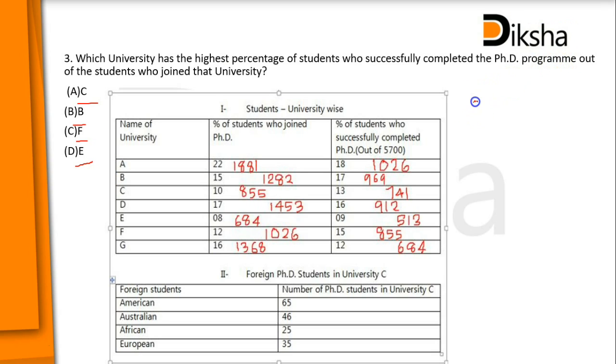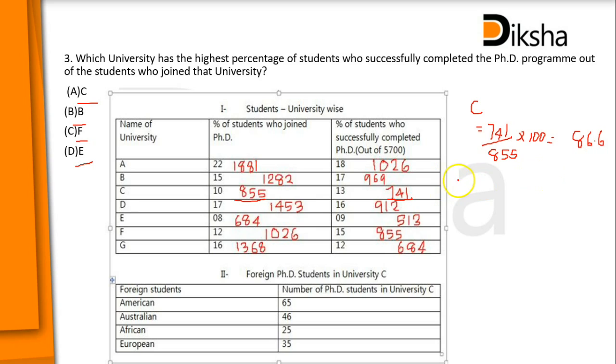So for C, the total number of students is 855 and the total number of students who passed with PhD is 741. So 741 by 855 into 100, you get the percentage in C as 86.6 percentage.